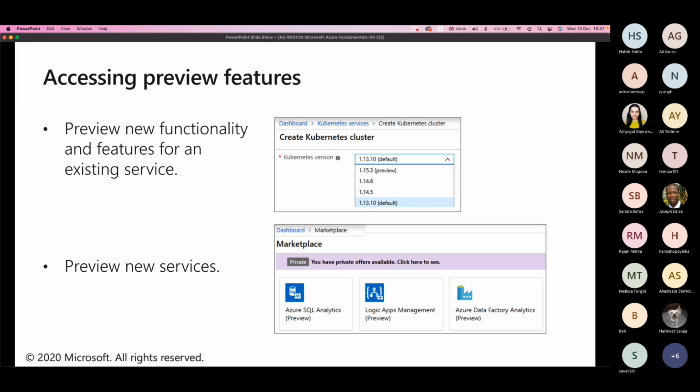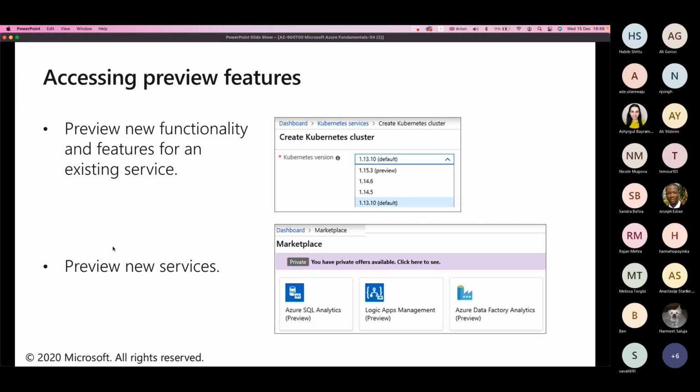It's a bit technical, but if you are interested, just Google it away. There is plenty of information available online. You can preview any services, and then you could preview any new services, for instance, in the marketplace.